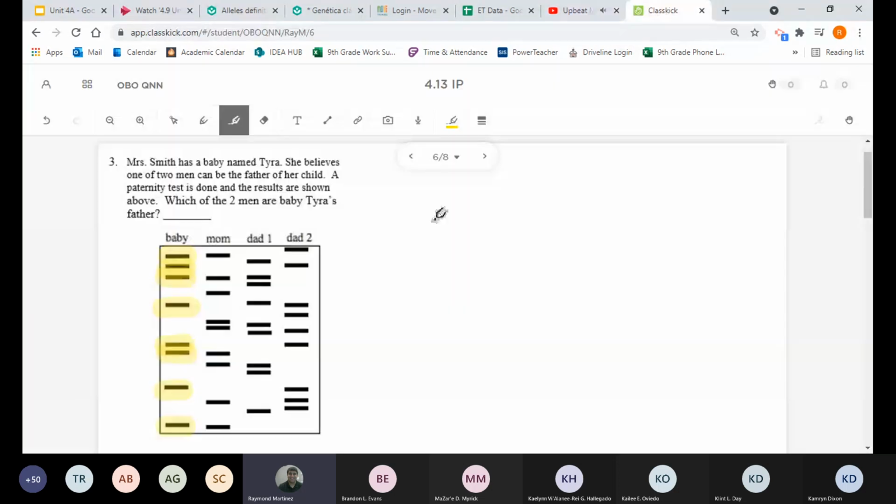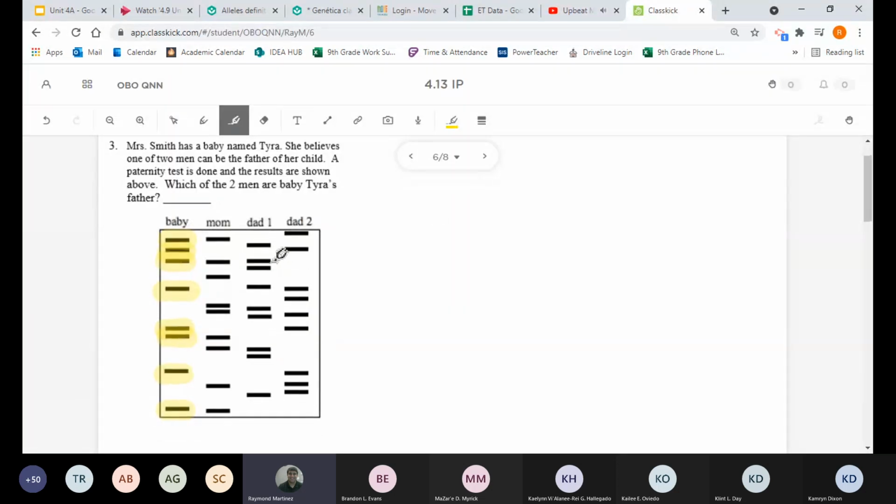Okay. So let's look at dad 1 first. So look, you're looking for this one. Actually, we're going to use a different color. Let's use purple. So we got this one here. You move over to the side. It's kind of like in between these two. It's not really these. Okay, so you move on to the next one, and oh, I think we have a match.